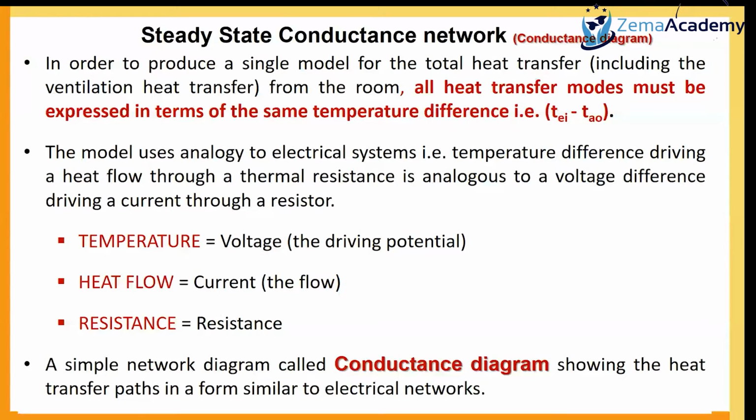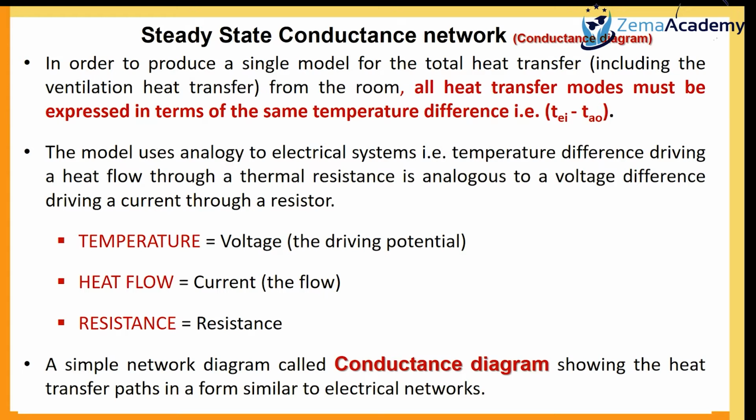Now what we are going to do is to incorporate all those things that we have learned into a model. So we will start off with something which is known as a simple steady state model, and that simple steady state model is built up with the help of electrical networks.